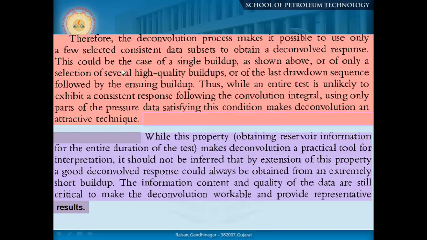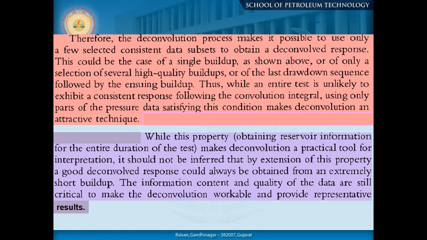This could be the case of a single build-up as shown above, or of only a selection of several high-quality build-ups, or the last drawdown sequence followed by an ensuing build-up. Okay. So while an entire test is unlikely to exhibit a consistent response following the convolution integral, using only part of the pressure data satisfying this condition makes deconvolution an attractive technique. So this is what the advantage means.